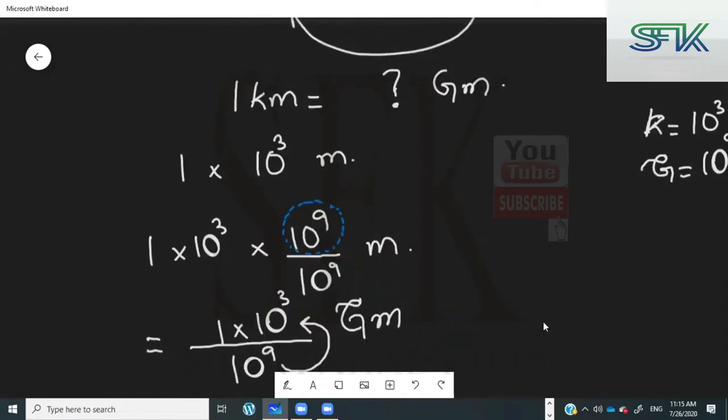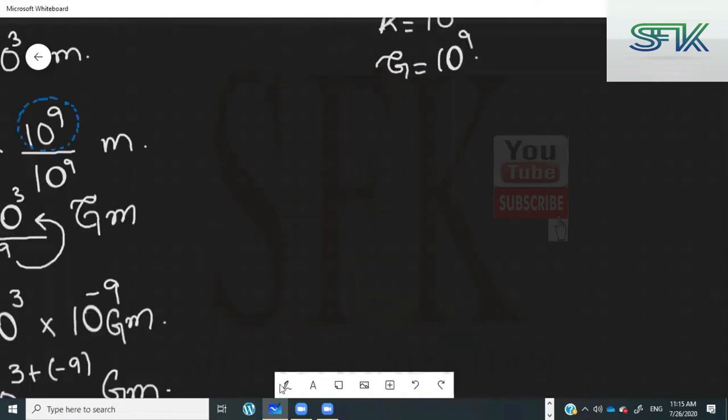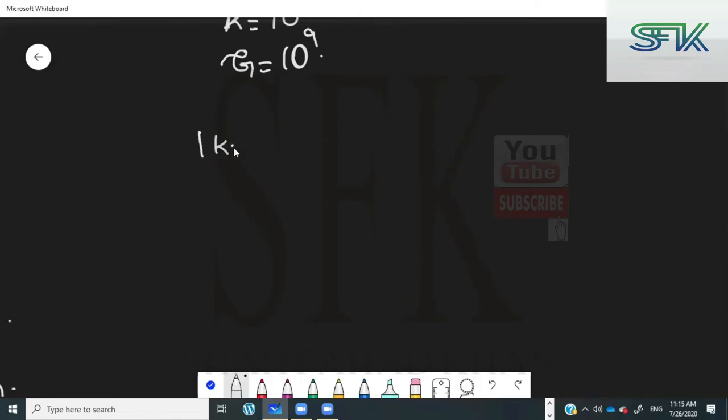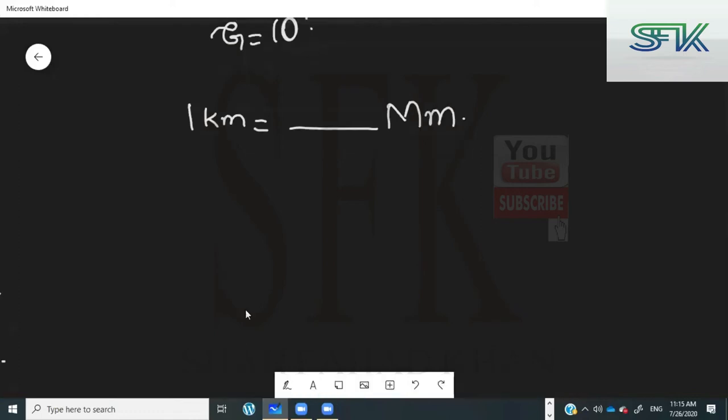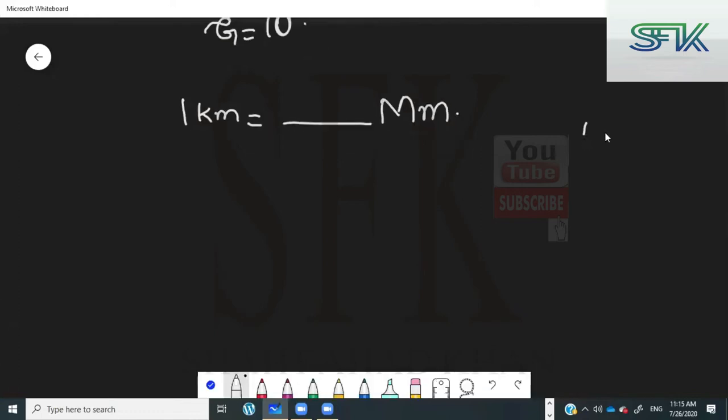Let's try another example. What if I'm going from kilometers to megameters? All right. So kilo and mega, you need to know their meanings first. Mega means 10 raised to the power of 6. Do the same thing. Replace the kilo by 10 cube.